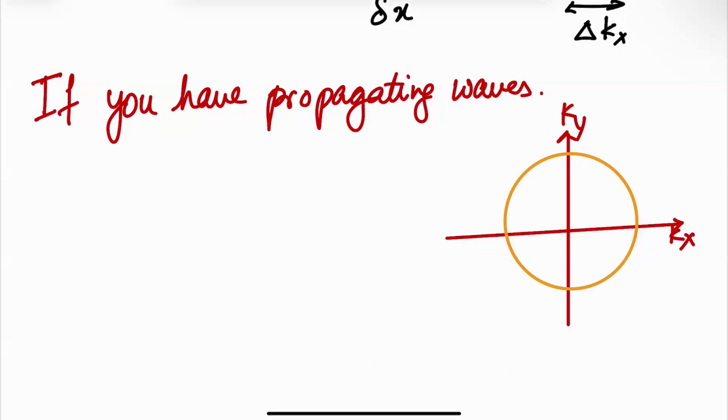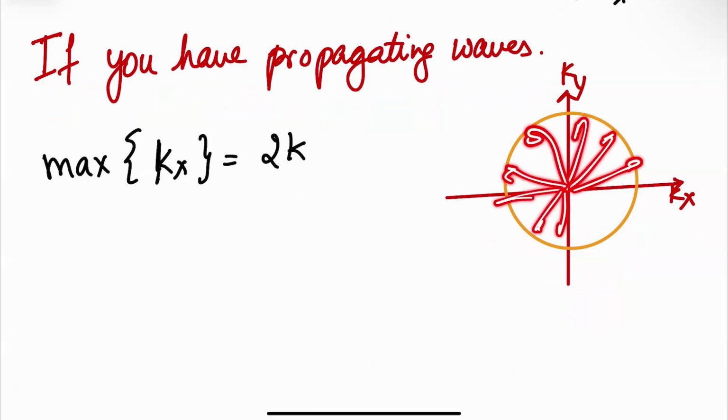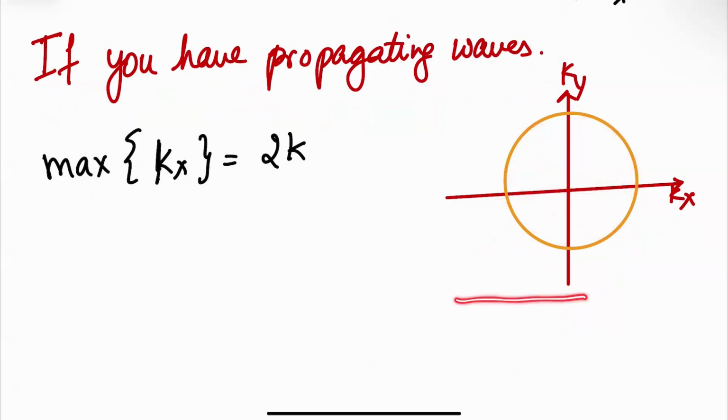So the maximum range of kx is equal to 2k. So essentially this is saying that if I have plane waves propagating in all these directions, I have this entire plane wave spectrum that's propagating.